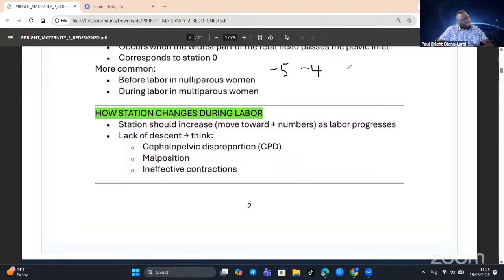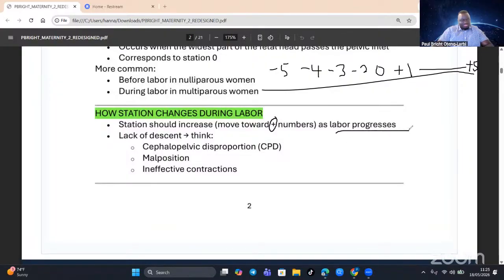Add another 1, -3, then -2, then 0, plus 1 to +5. That is what we call improvement. They move towards the positive numbers as labor progresses.